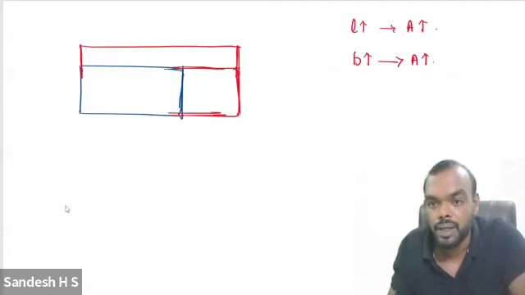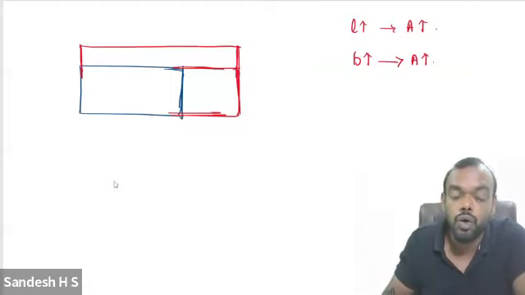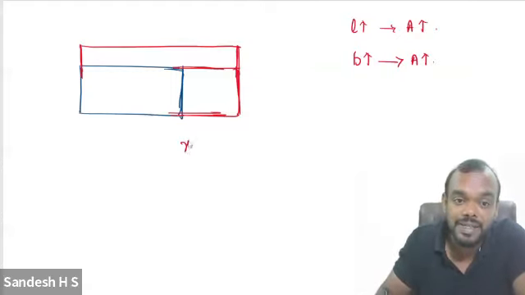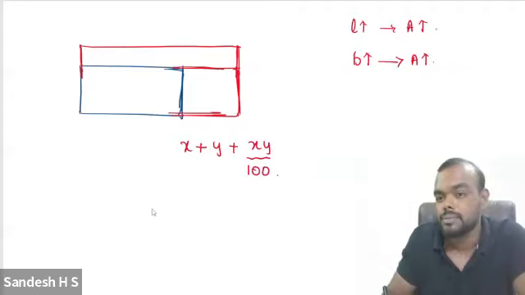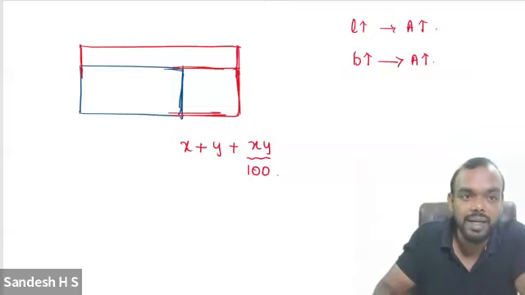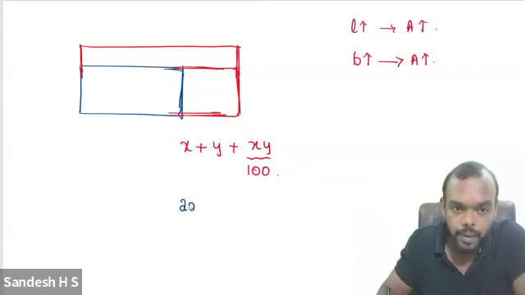Okay. Now, this is successive percentage. I can directly use my formula. According to the question, X value is 20. Y value is 30.